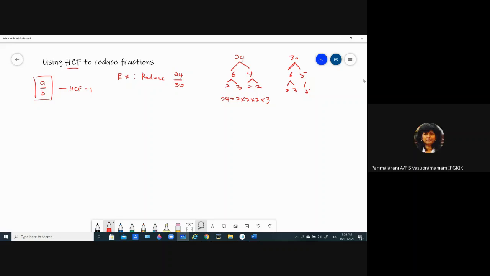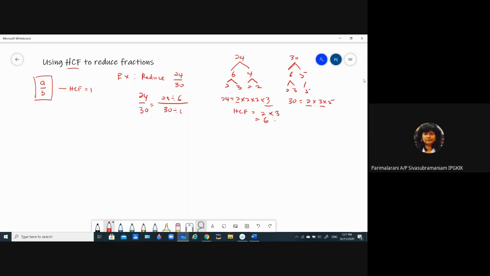Okay, so 30 is 6 times 5. So 2, 3, 5. So 30 is equal to 2 times 3 times 5. From here, we know that we have the same factors here, 2 and 3. So you can either draw the Venn diagram, or straight away we know from here that HCF is 2 times 3, which is 6. So to reduce this fraction, 24 over 30, we divide both of the numbers by the HCF.